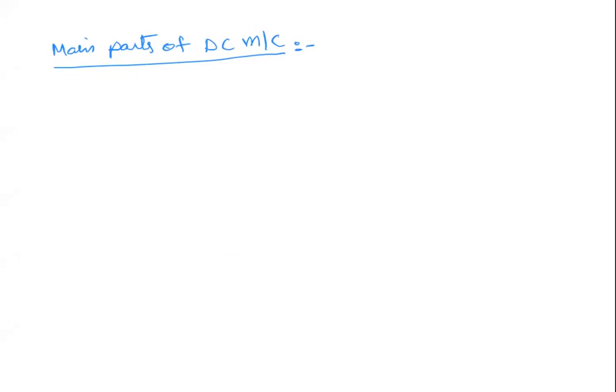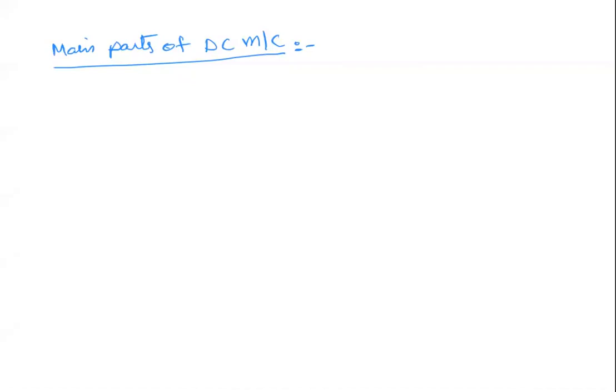It is important to know them, without which we are unable to talk anything about it except the previous sentence which I told: it converts mechanical energy into electrical energy, or a DC motor converts electrical energy into mechanical energy. That's it. There ends the knowledge which you have if you don't know the parts of a DC machine, right? So let us see the main parts of a DC machine.